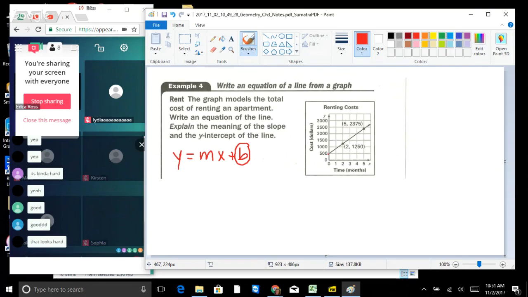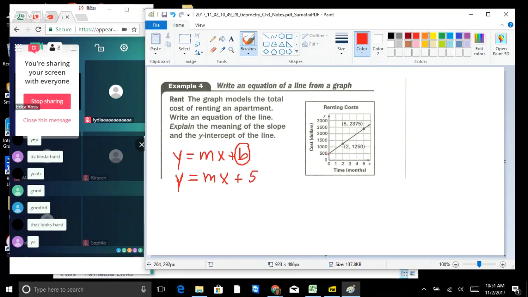Our b is when x is 0, y is 500. Does everybody agree with that? So we know y equals mx plus 500, because that's where we intercept the graph. That's our y-intercept.